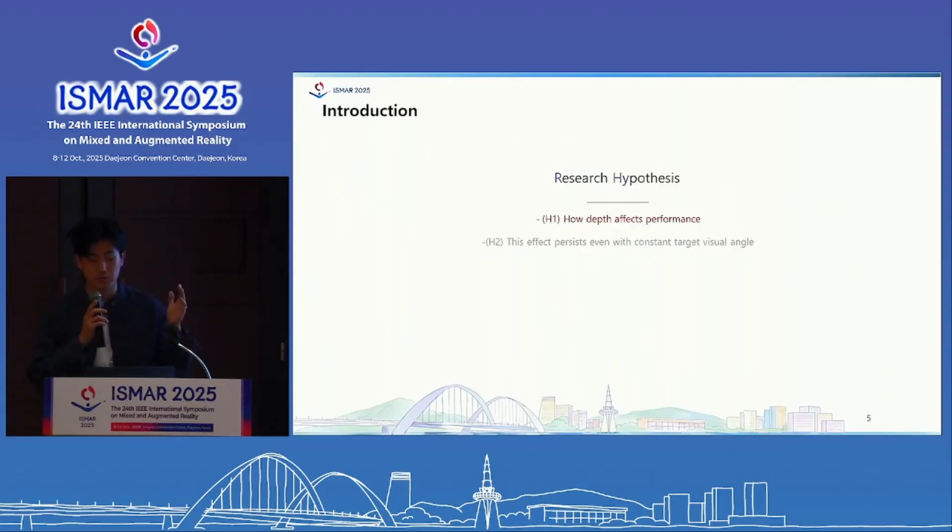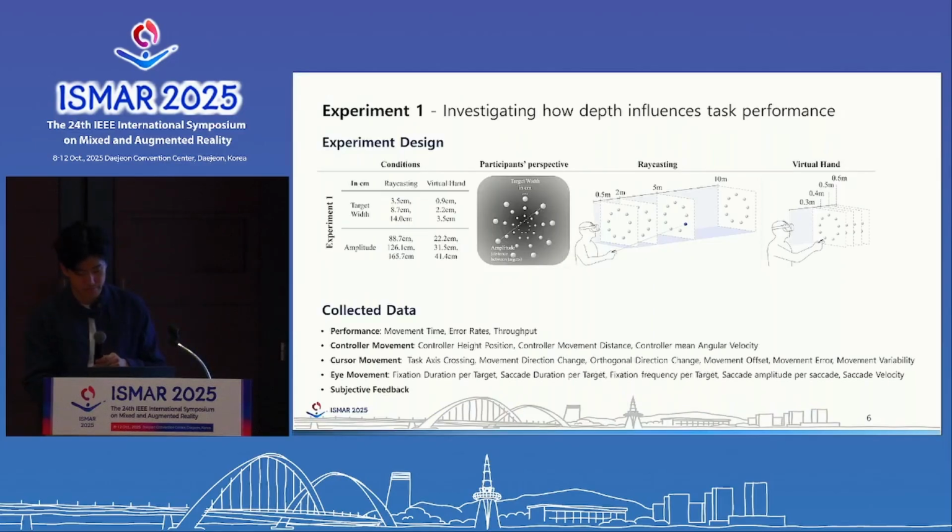Based on that motivation, the first research question we aimed to investigate was: how does depth affect performance in multi-directional tapping tests? To test this, we designed an experiment where we vary target depth while keeping the target size constant.